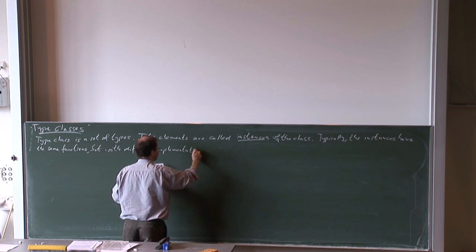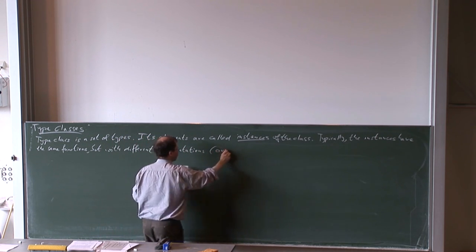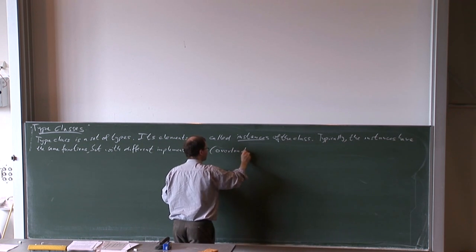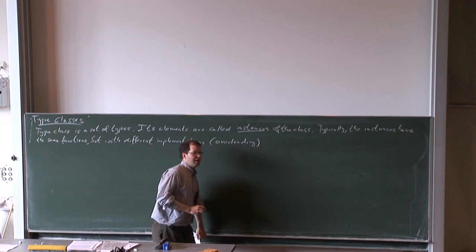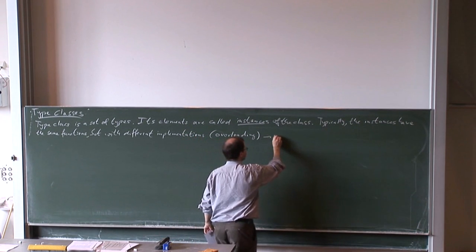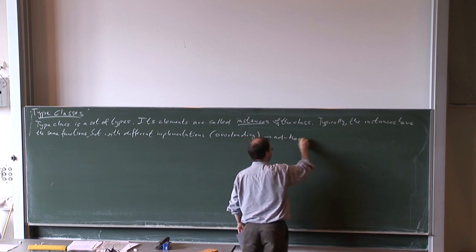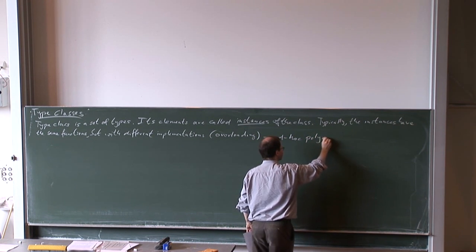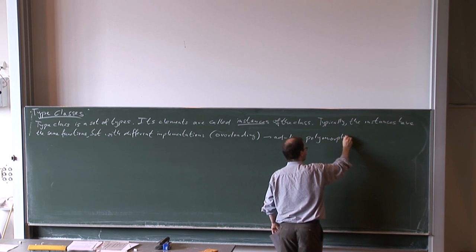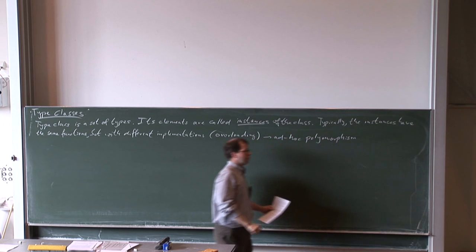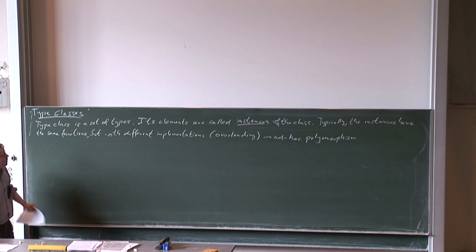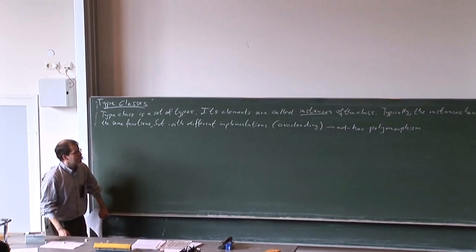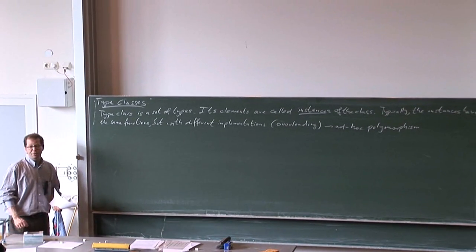So in other words, we have something like overloading. We have the same function names, but depending on the types, different things happen. And this is called ad hoc polymorphism. So depending on the form of the argument, of the type of the arguments, we have different implementations. So let's look at an example.